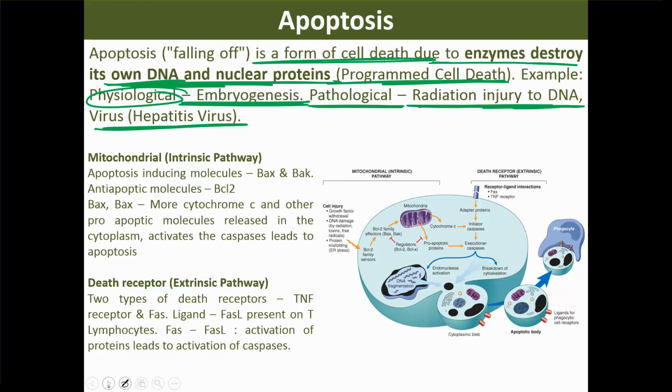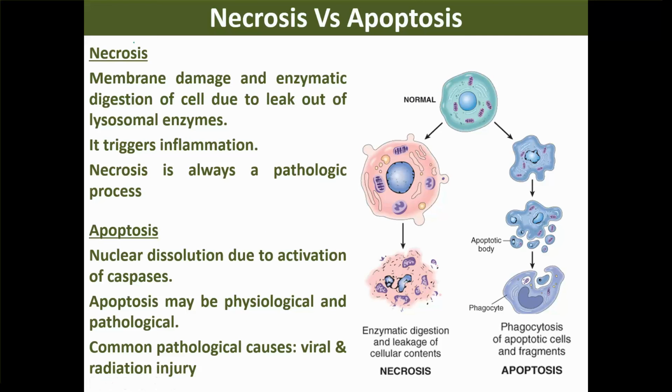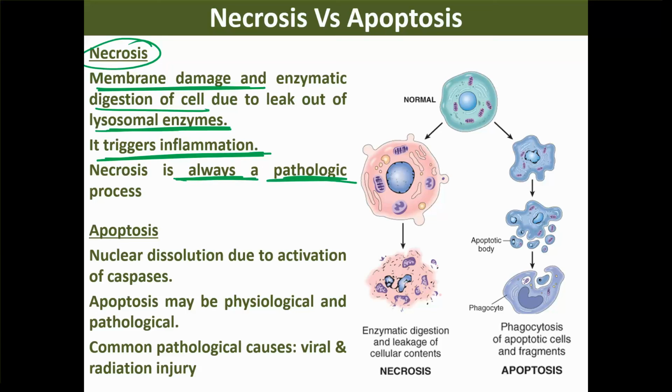apoptosis. Now coming to the difference between necrosis and apoptosis. In necrosis, there is membrane damage, and the lysosomal enzymes digest the cell, and it triggers inflammation, and it is always pathological. In apoptosis, there is direct damage to the nucleus.